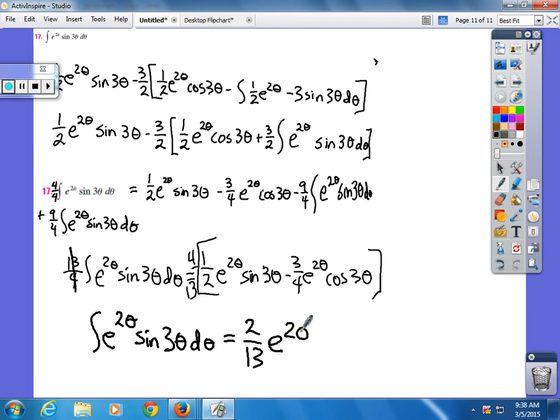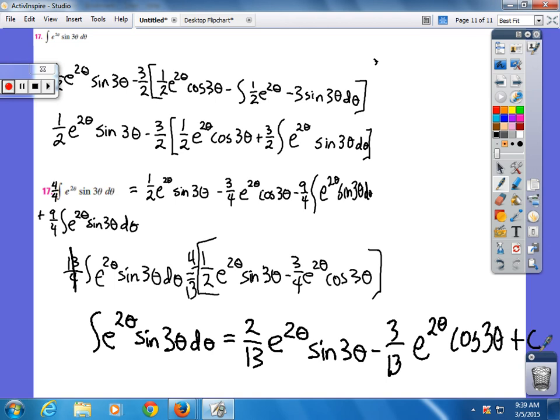E to the 2 theta sine of 3 theta. 2/13, and then I'm going to distribute it there also. So that would be 3/13, right? Minus 3/13 e to the 2 theta cosine of 3 theta plus c.